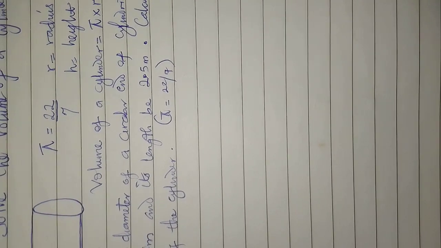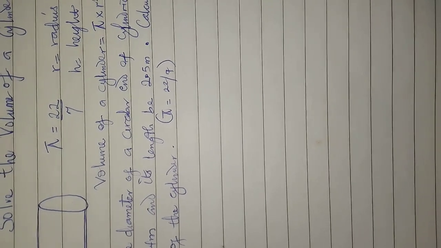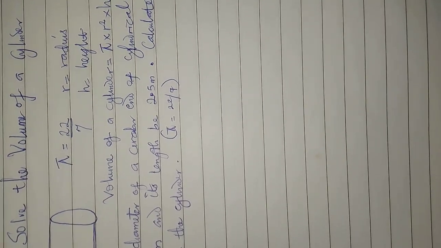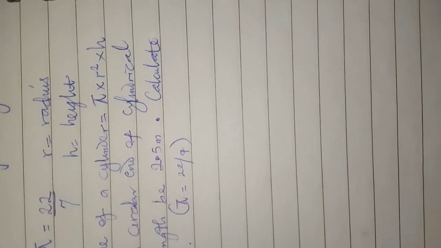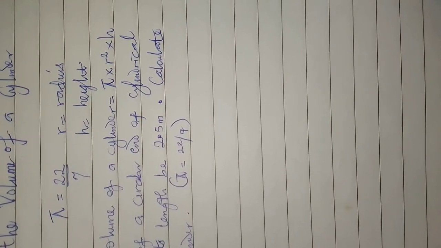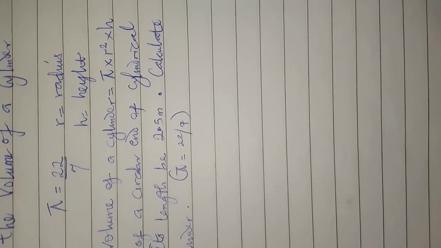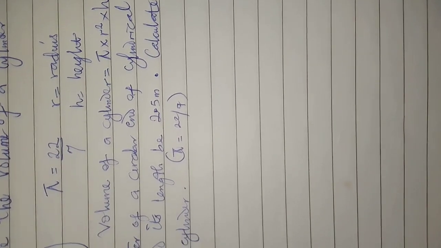Now we can see in brackets here pi equals 22 over 7, which means we were given the pi in the question. Remember I said the volume of a cylinder is pi r squared h, which means pi multiplied by r squared, which is your radius, multiplied by h, which is your height.